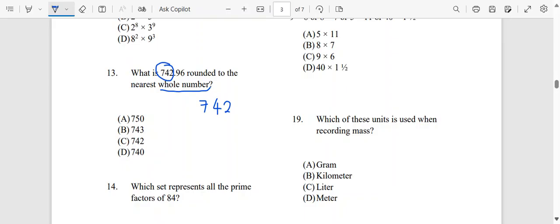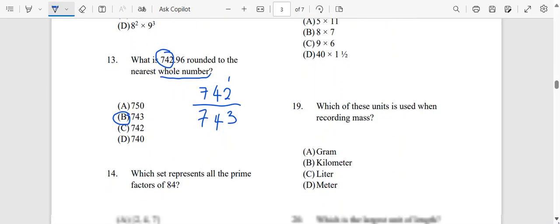We add 1 to our rounding digit, the number that we need to round, right? So right there we have 7, 4, and 3. And there, let's find that answer, which is B. Moving along.